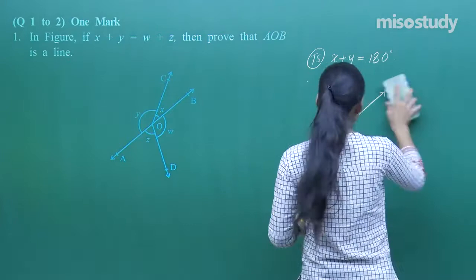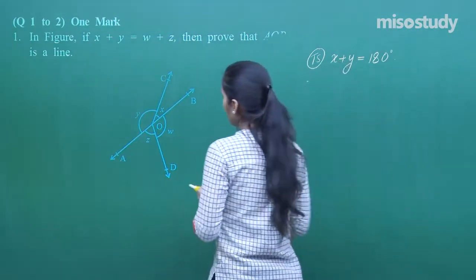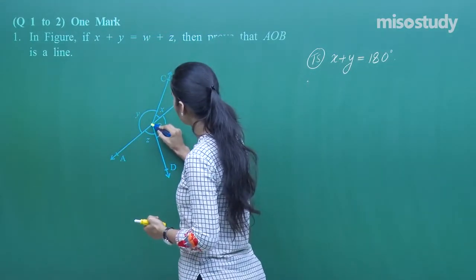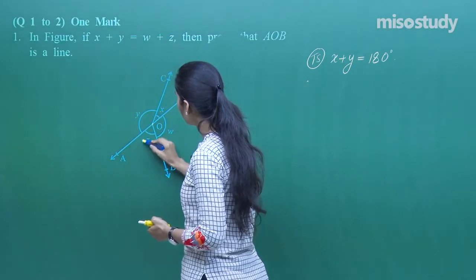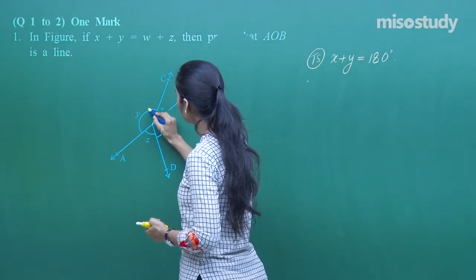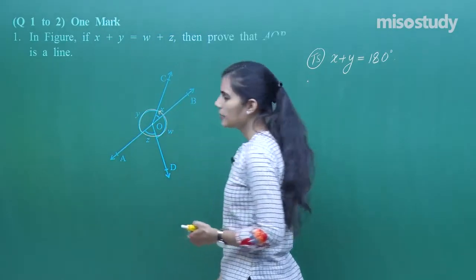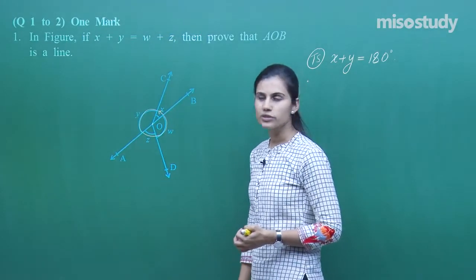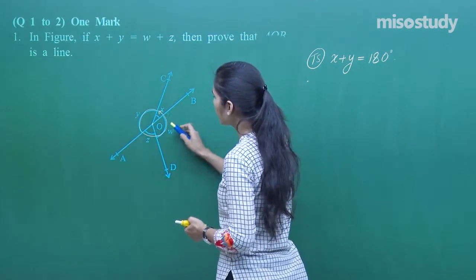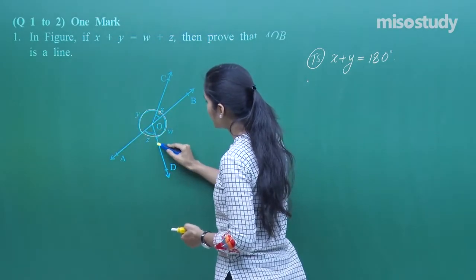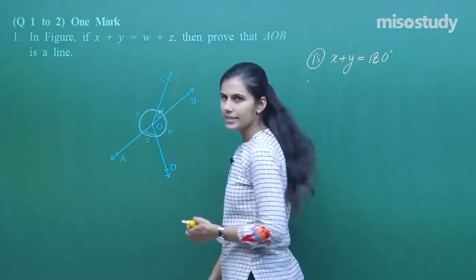If I compare this concept to the diagram given to me, then I can say this complete angle is angle at a point. If I say begin from here, move till here, then this complete angle is angle at a point which is 360, and this complete angle will be what? y plus z plus this angle plus x.